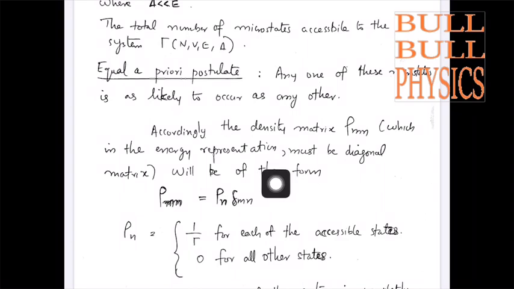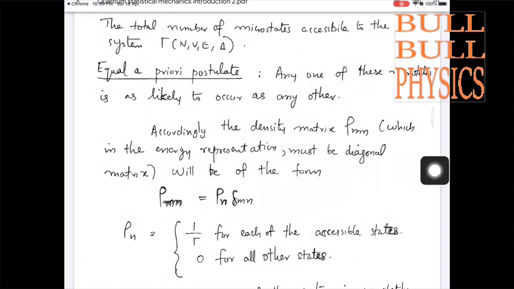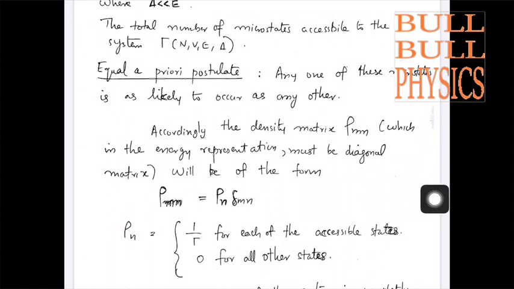If we are using the eigenfunctions of the Hamiltonian as the orthonormal basis, then in that basis this rho will be a diagonal matrix. So rho mn is rho n delta mn. All off-diagonal elements are 0, and rho n is the diagonal element.